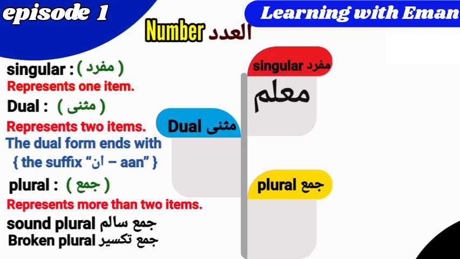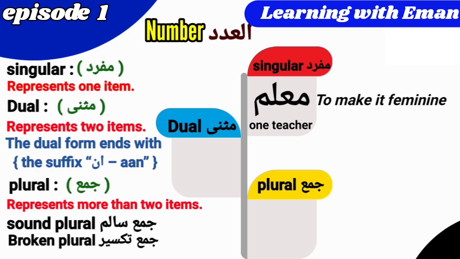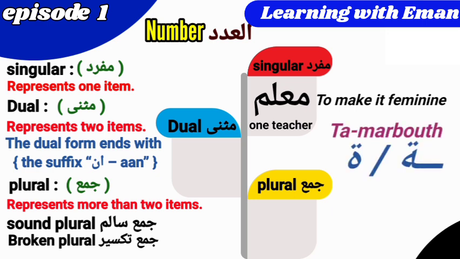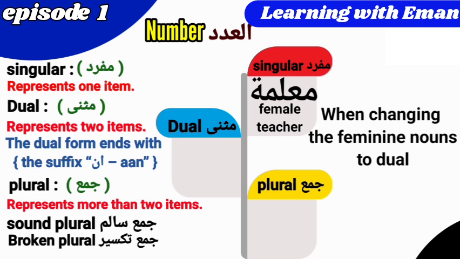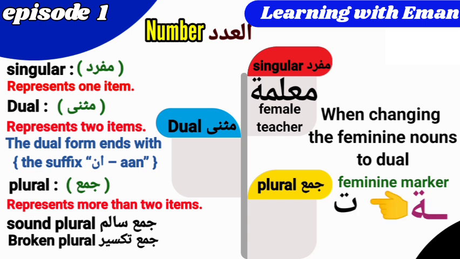The word معلم means teacher and is masculine. To make it feminine, we add the suffix تاء مربوطة, resulting in معلمة, which means a female teacher. When changing the feminine noun to dual, the ta marbuta, which is the feminine marker or suffix, is changed to a regular تاء before the dual suffix, hence معلمة becomes معلمتان, which means two female teachers.